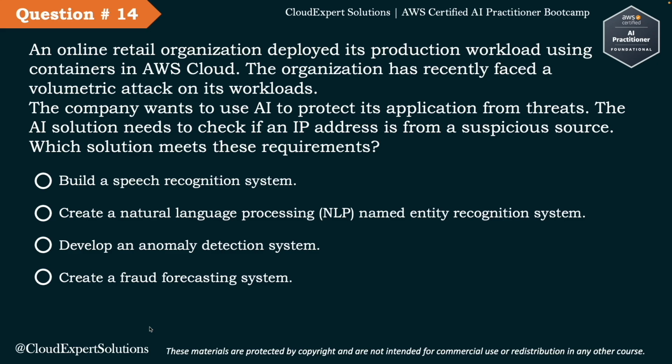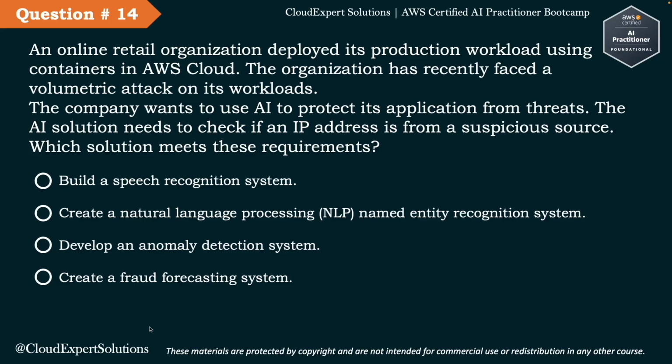The AI solution needs to check if an IP address is from a suspicious source. Which solution meets this requirement? The interesting fact in this question, the question started with containers in AWS, and the question is asking which solution can help you to detect an IP address which is coming from suspicious source.